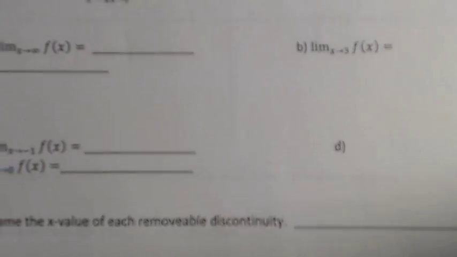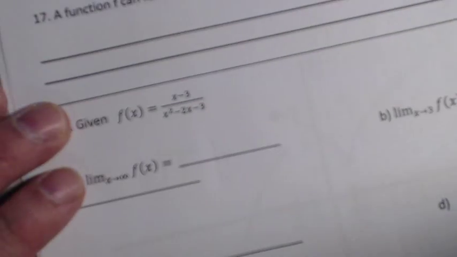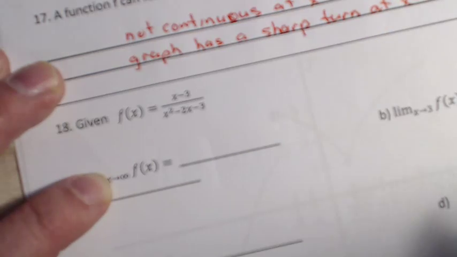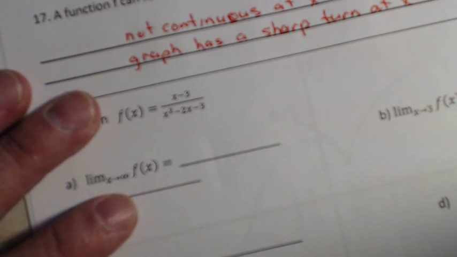To finish off that set of questions, a function can fail to be differentiable in 3 ways at x equals c. If it's not continuous at x equals c, the derivative will not exist. If the graph has a sharp turn at x equals c, it will not be differentiable there.